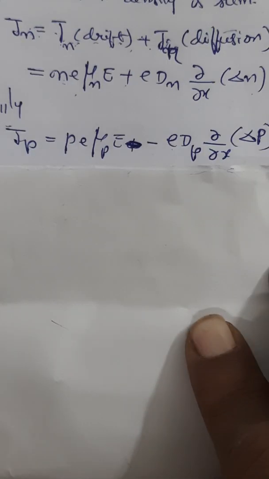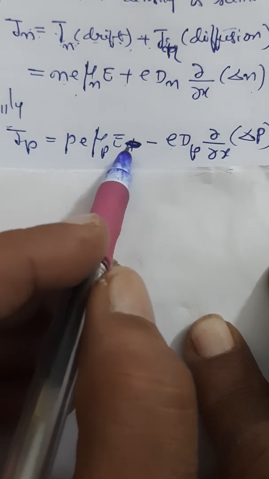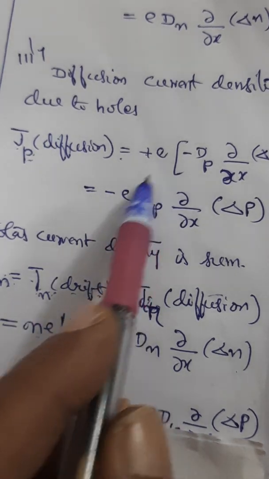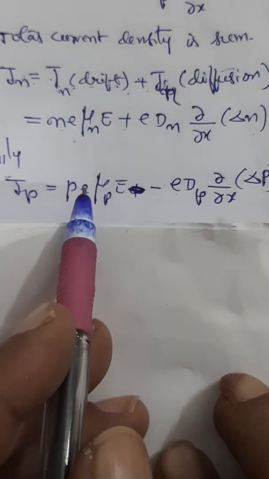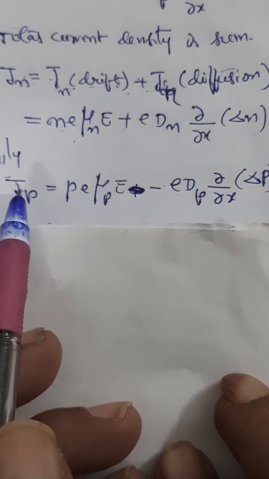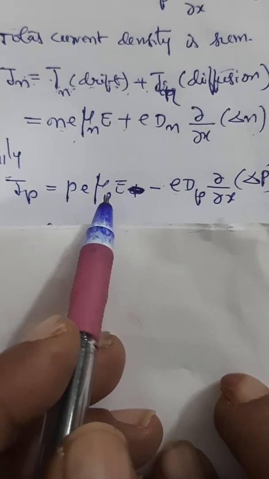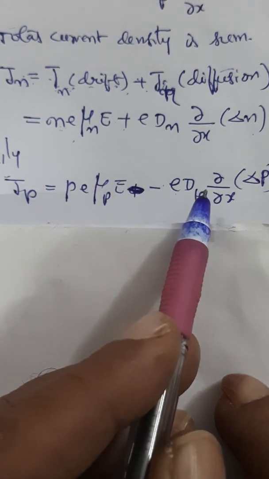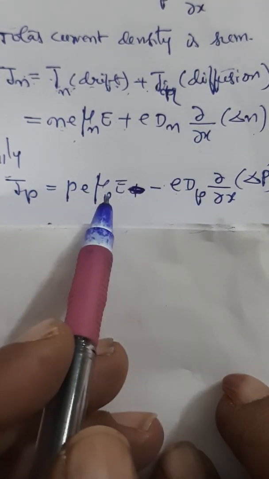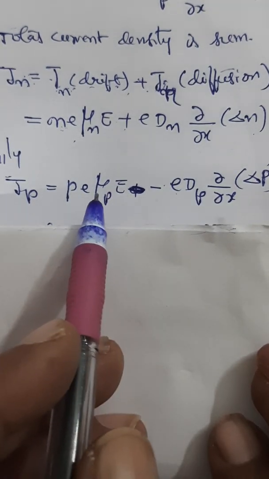Here you can find similarities: here it is n e mu n, there it is p e mu p. With respect to holes you got a minus, and that minus is what we have used here. So this is the total current density due to holes: the sum of current density due to drift of holes and current density due to diffusion of holes. Right? Now this is the second equation.